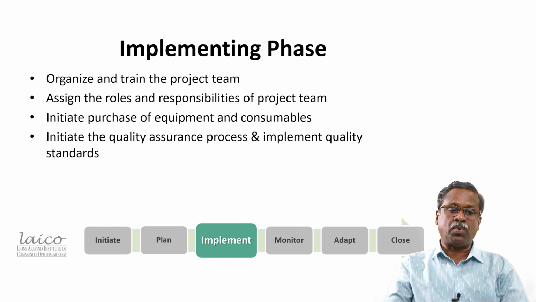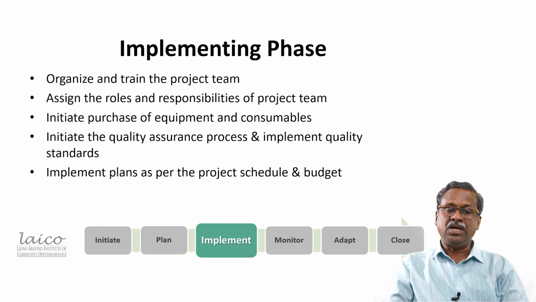Also, the project manager should initiate the quality assurance process, or what we call SOP, standard operating procedure, and implement the quality standards in all the processes of the project. The project manager implements the plans as per the project schedule and budget.